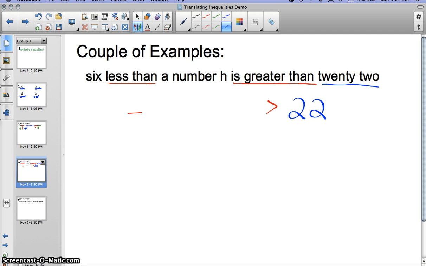Remember, the trick with less than is that the number that comes before in the words is the one that comes after in the equation. Which means the number h is in front. So we've got h minus 6 greater than 22. And that's really all we're looking at.